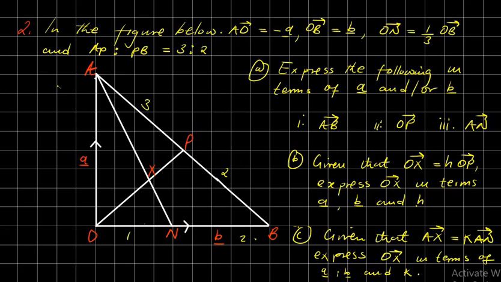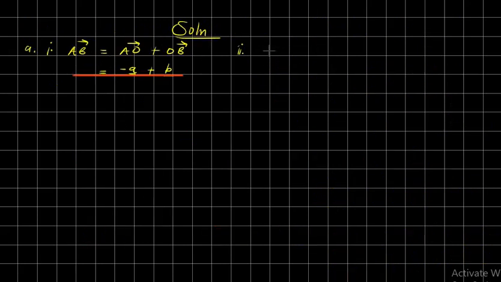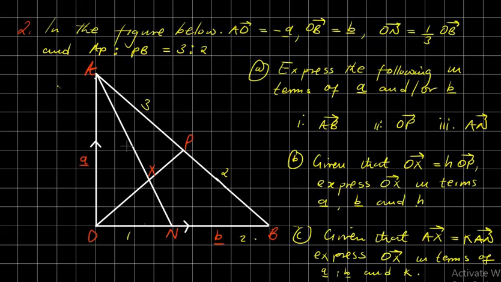Let's look at how we can get that one. So we have here vector OP. It is equal to the vector OA. Then from A we go to the vector AP. Let me just double check myself.